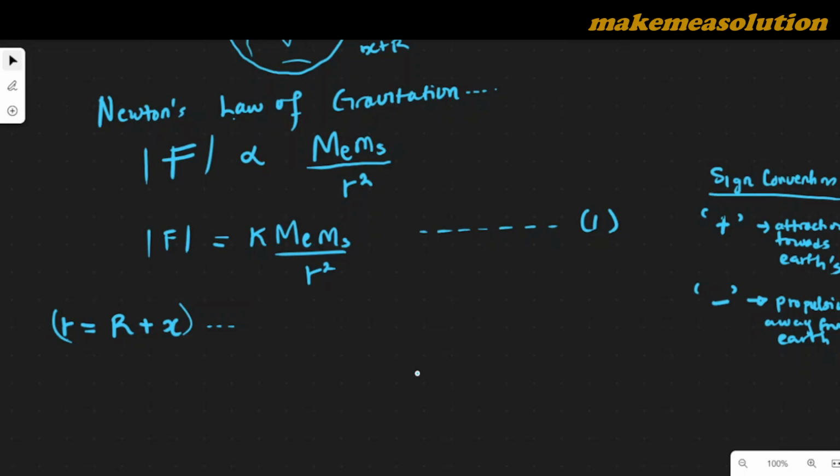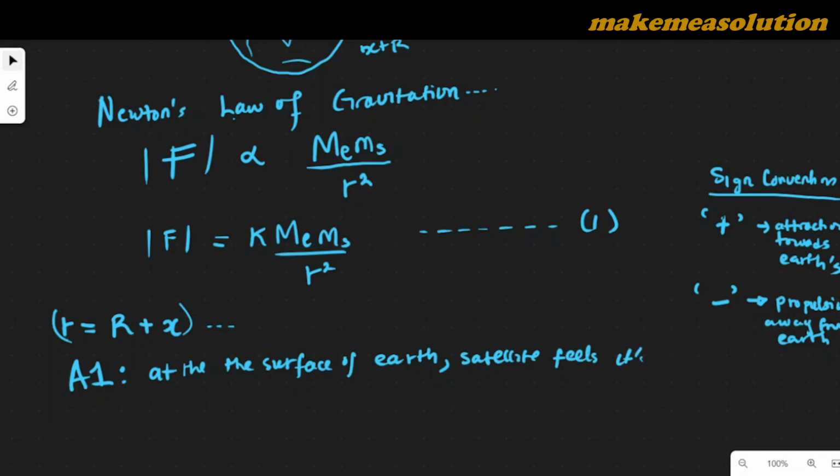The first assumption we are making in order to determine k is that at the surface of the Earth, what happens to the satellite? The satellite feels its weight.